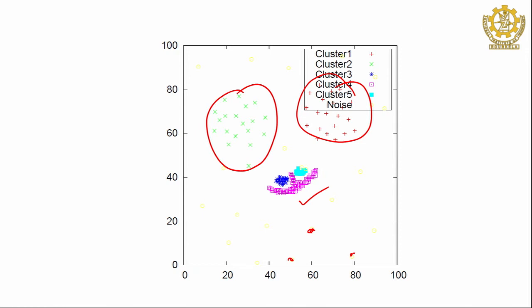Now, solve the earlier problem. The data set D has the points (1, 1), (1, 2), (2, 2), (2, 1) and (1.5, 1.5), with k equal to 2.